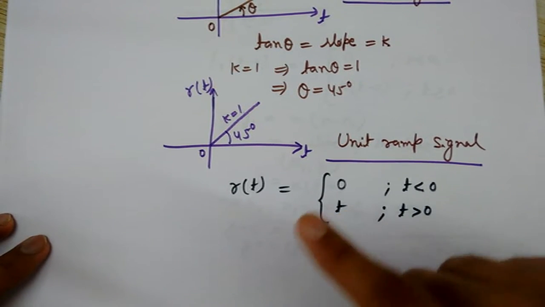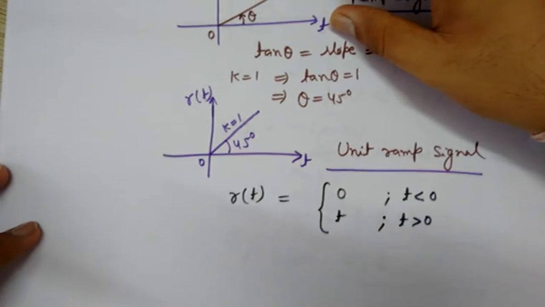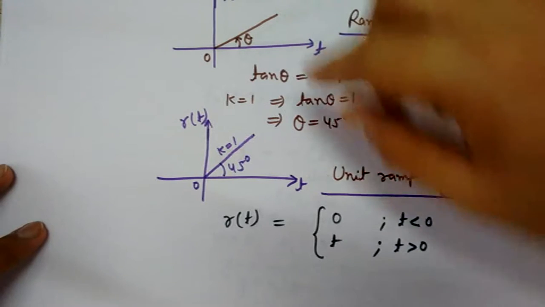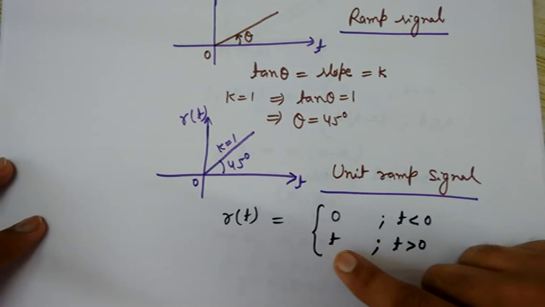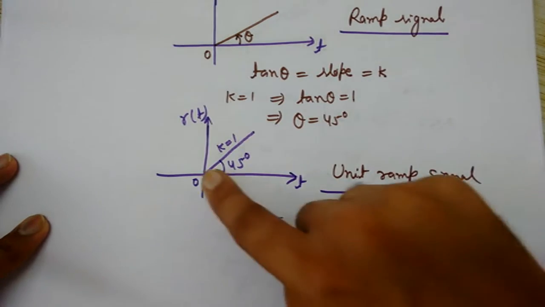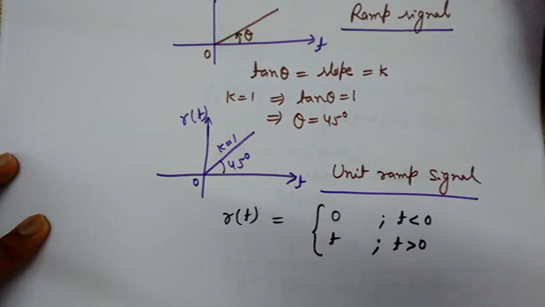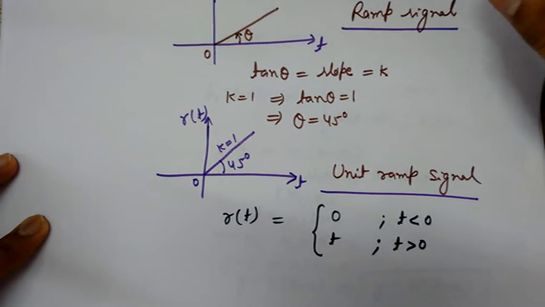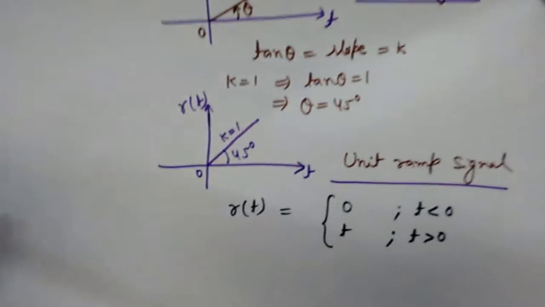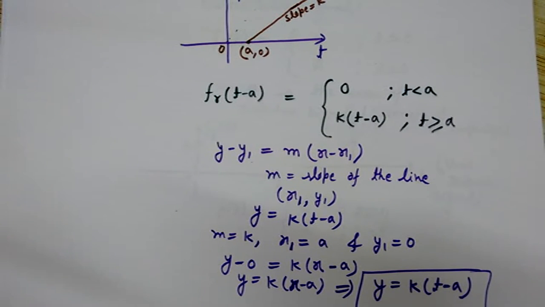Since in the case of the general ramp it was kt, and here I have taken k equal to 1, its value is t for t greater than 0. So for t greater than 0, it is the line y equals t. So this was the ramp signal, the unit ramp.